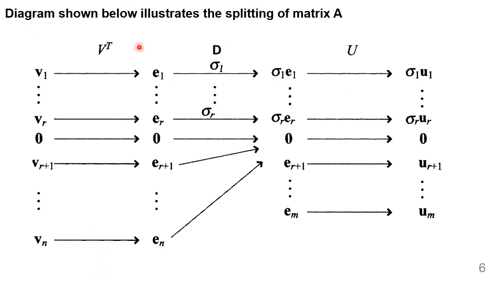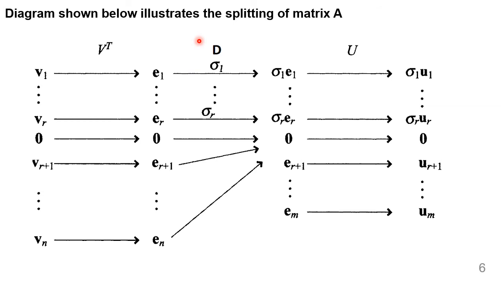This diagram shows the splitting of matrix A into three matrices, U sigma V transpose. U is a left singular vector matrix comprising the vectors U1 to Um in the m dimensional space. It is orthogonal in nature and it is a rotational matrix.